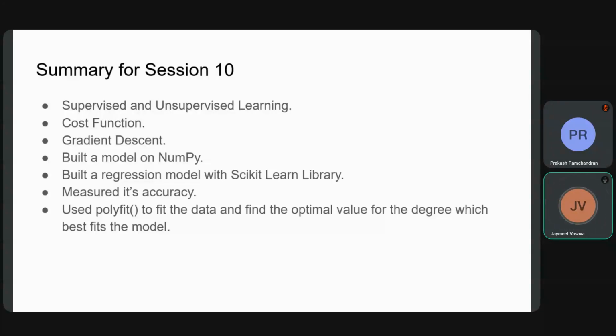Then we discussed gradient descent, an optimization algorithm to minimize the cost function. First, we tried to understand linear regression and gradient descent with a model purely built on numpy. Then we built a model using the scikit-learn linear regression model and measured its accuracy.